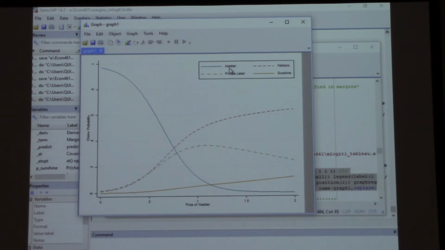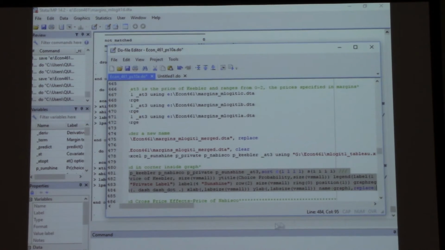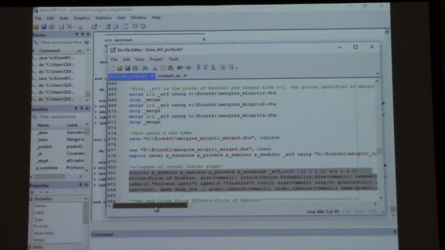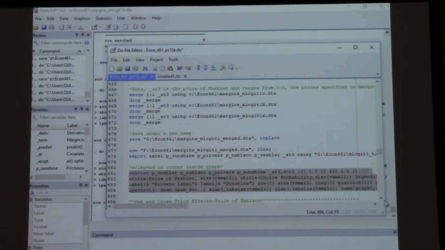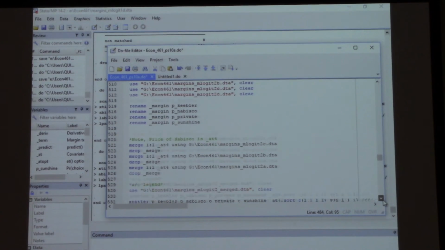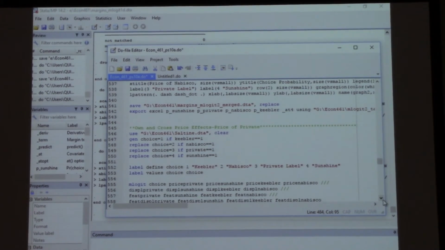So when we generate this graph, essentially what we can do is, notice I did this save, name, graph 1, replace, and we can save these in graph combine. Have we used graph combine? Yeah, so basically you just name them, graph 1, graph 2, graph 3, graph 4, and then the graph combine, it's not going to work because I haven't done all of them.